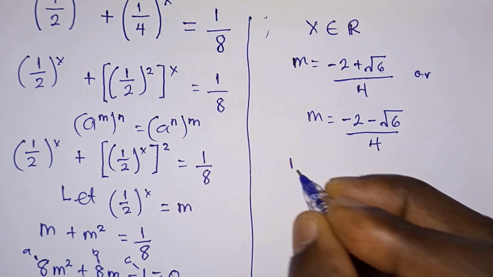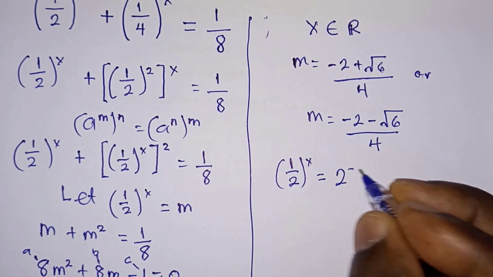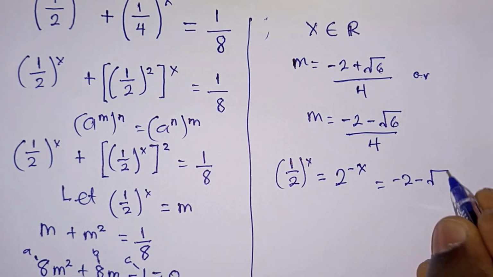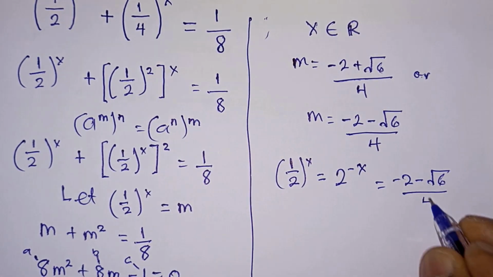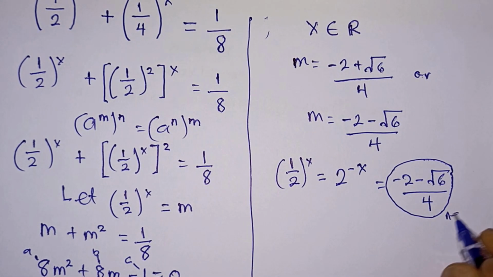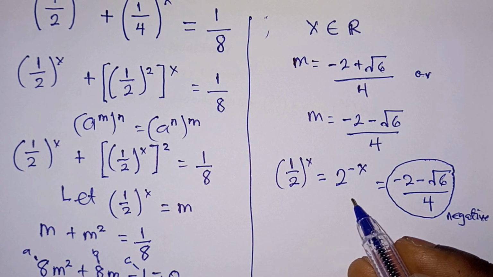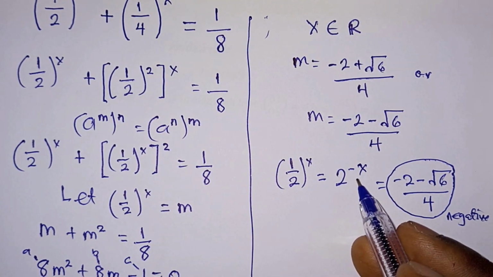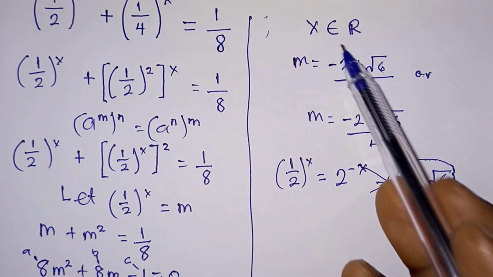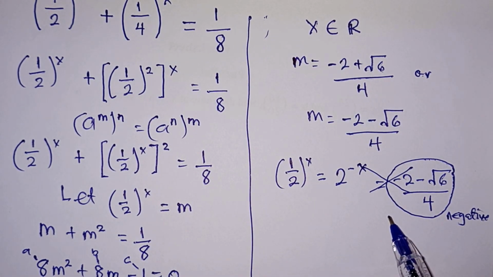Therefore, we have (1/2)^x, which is the same as 2 to the power minus x, is equal to this one, (-2 minus square root of 6) divided by 4. Now note that this whole thing gives us a negative, right? Then 2 to the power minus x is always positive. If you try to manipulate the value of x, you will never get negative. So this equation will not be considered, since we are limited in the question: x is a real number. If you solve this, you get a complex solution, of which we are not interested per the question.